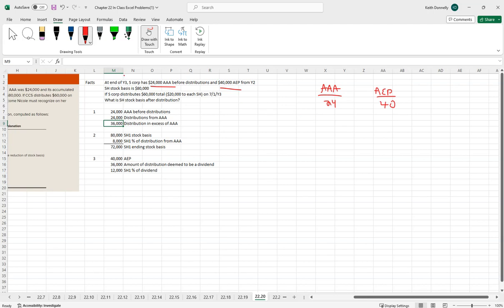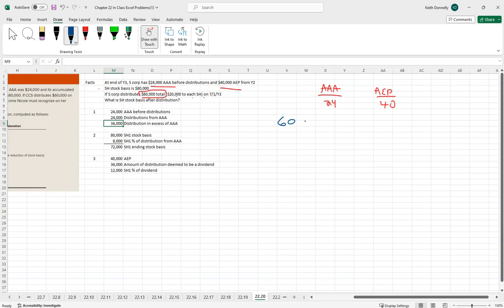It looks like our shareholder has a stock basis of 80, and there is a 60 total distribution, 20 to each shareholder. So we have a $60,000 distribution in total for the S Corp.